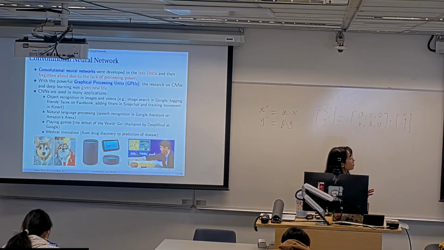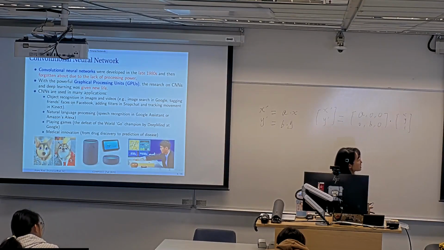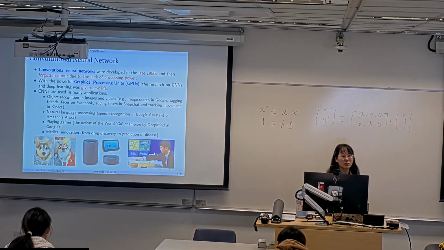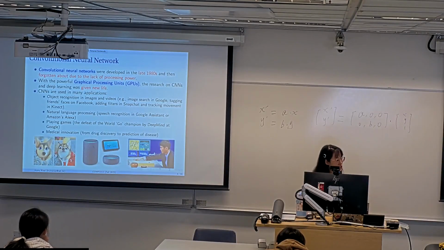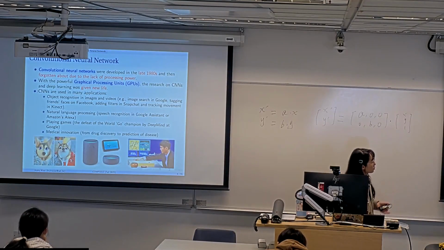But later on, with the development of GPUs, after we had powerful GPUs, the research on CNNs and deep learning was given new life, because now we have the computation power to run such complex, big models. So CNNs are used in many applications, like object recognition in images and videos.